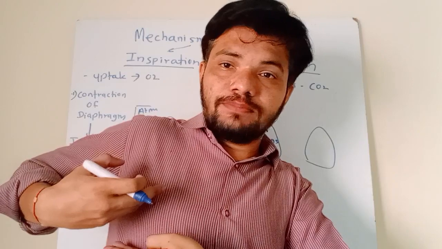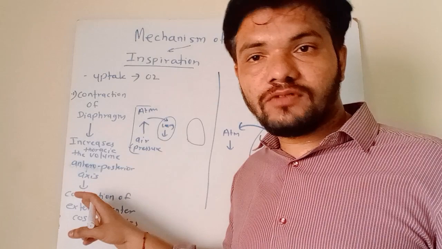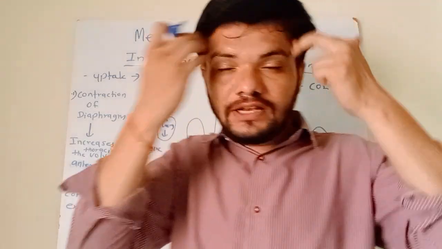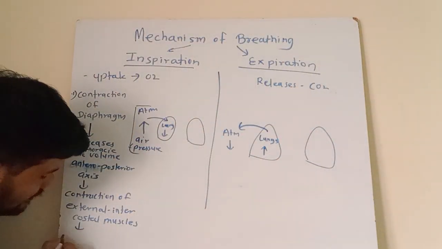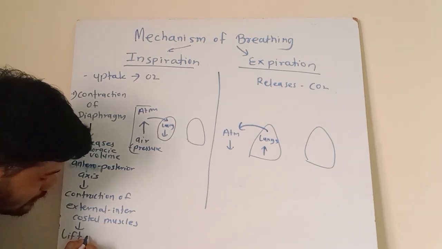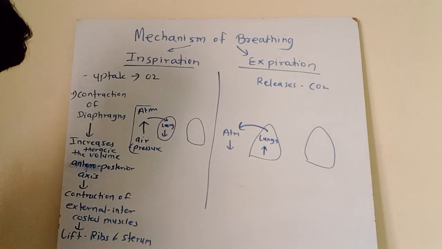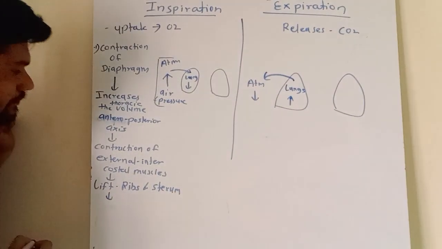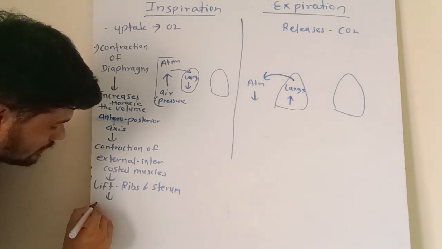Contraction of the external intercostal muscles will lift the ribs and the sternum. This is the next step. Because of this, your thoracic volume again increases.